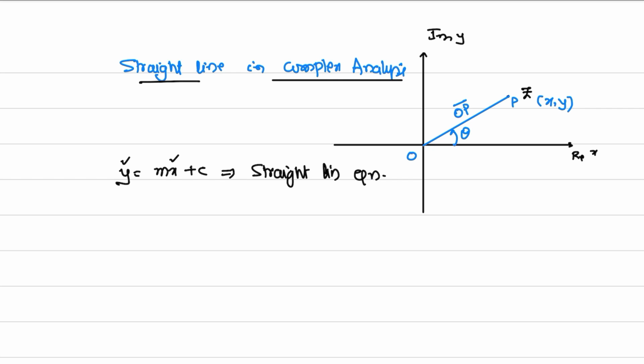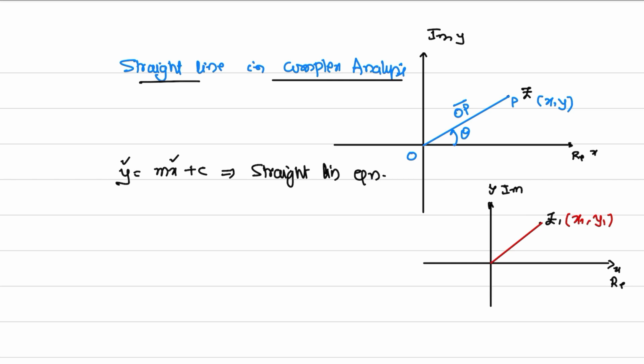Let us draw again: this is x, the real axis, this is y, the imaginary axis, and let us say there is one point z1 with x1, y1 as the numbers, and we choose another point z, for finding the locus.